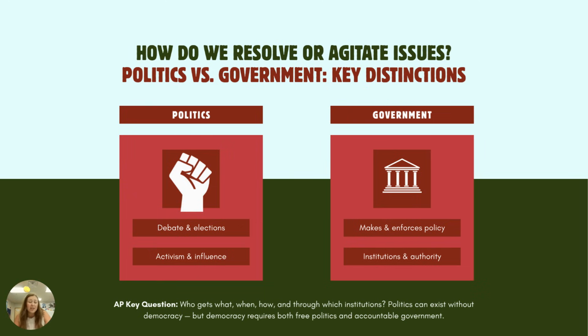They were still talking about healthcare, but not necessarily universal healthcare. They might have been talking about long gone diseases that we no longer deal with, right? It wasn't COVID, but it might have been smallpox, those sorts of things. And so, how do we solve those things? That process of solving or agitating issues is called politics.